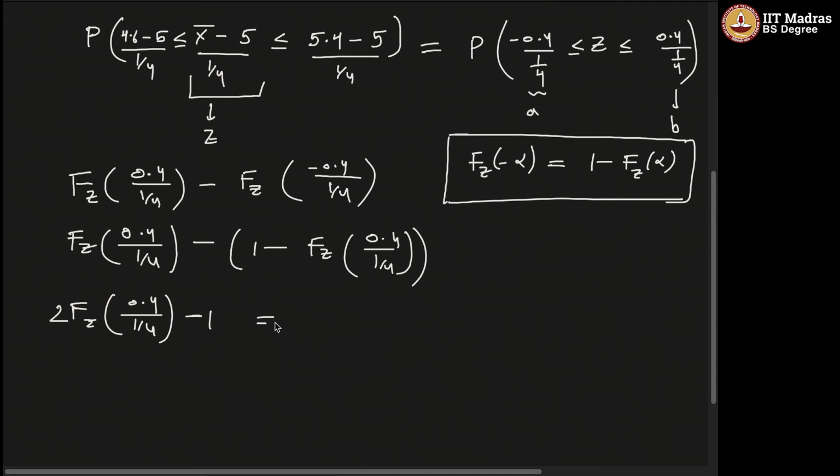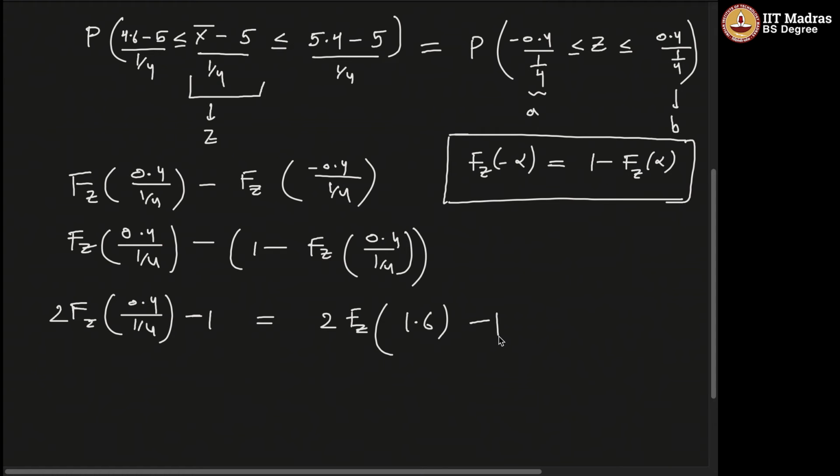So let's simplify it more, and what will be the value inside it is 0.4 divided by 0.25. So 0.4 divided by 0.25, it will come 1 by 6. So that is 2 times fz of 1 by 6 minus 1.